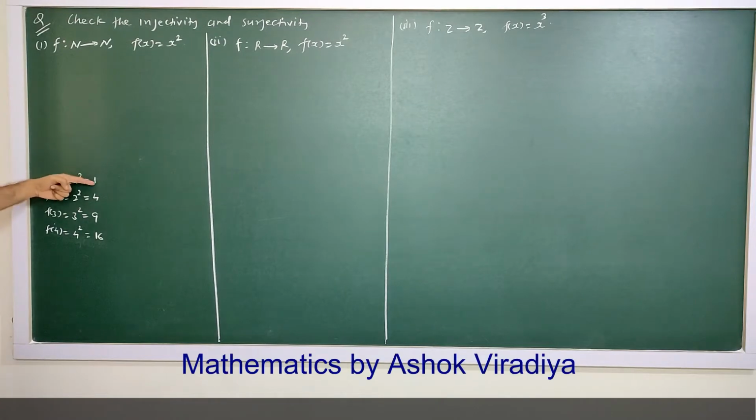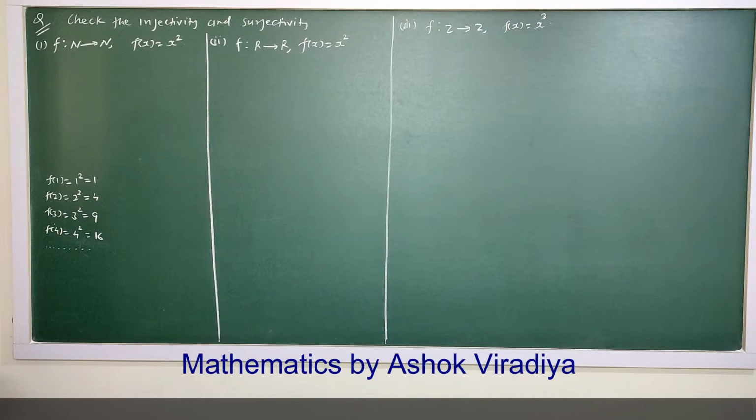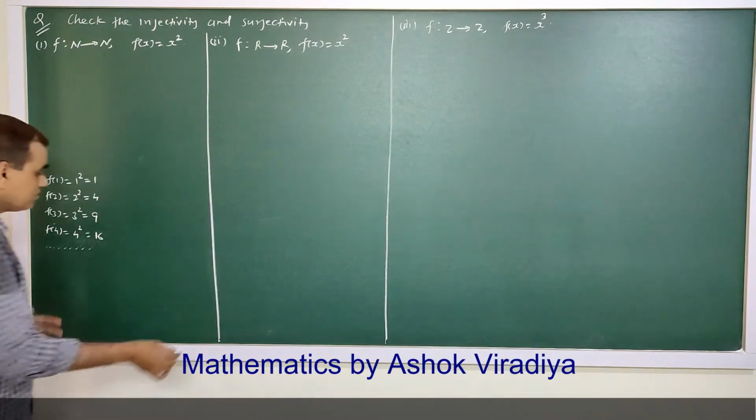You can see distinct inputs give distinct outputs. So by observation it is clear that this function is one-one. You can understand it by a diagram also.